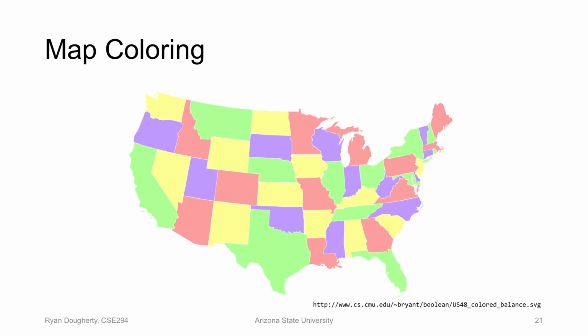Okay, so another problem that's actually quite useful is called map coloring. So how many of you know about map coloring? Basically, you're given a partition of some kind of figure in the plane, so a partition is just dividing up the region into separate parts.